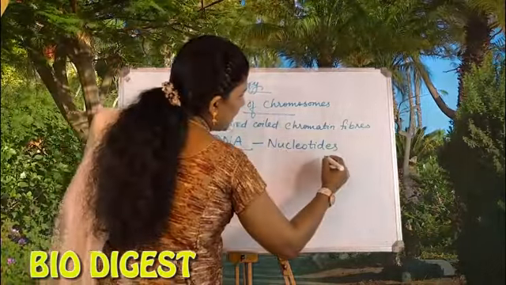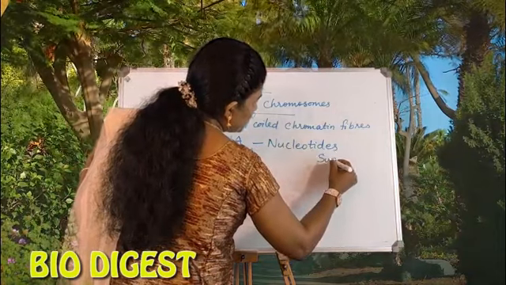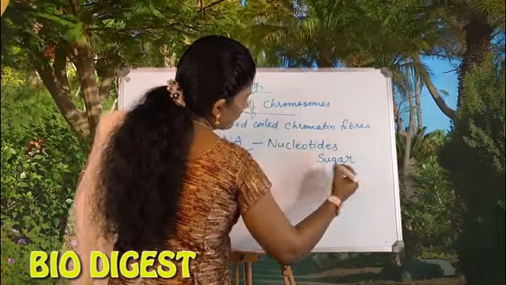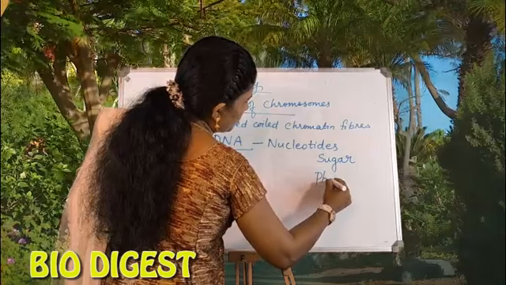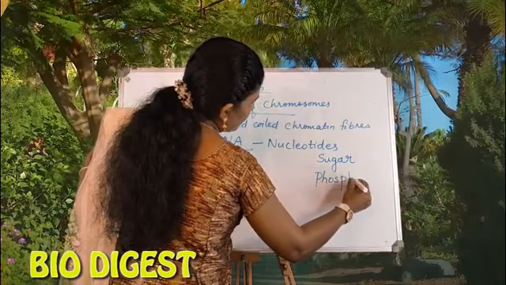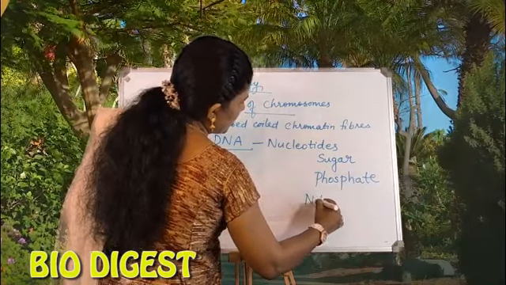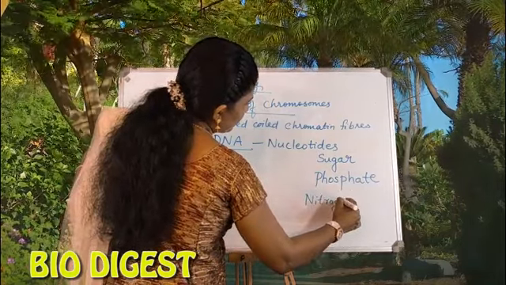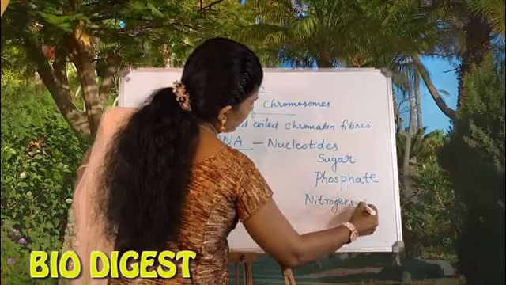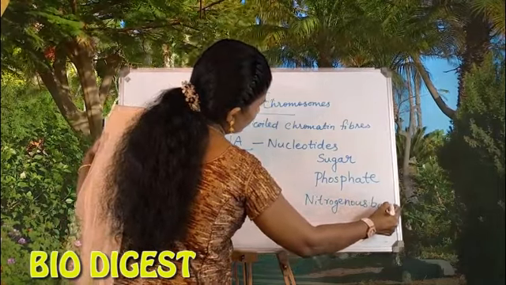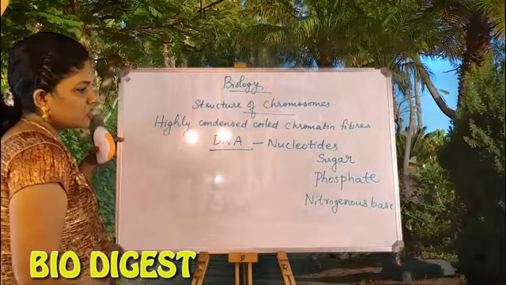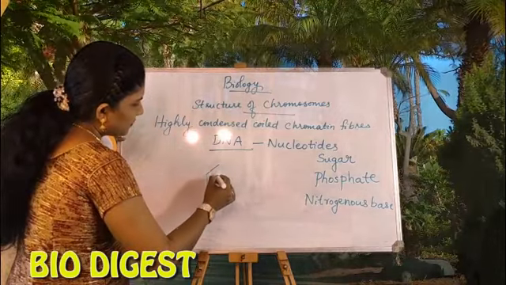A nucleotide consists of sugar, phosphate group, and nitrogenous base. This will be the structure.